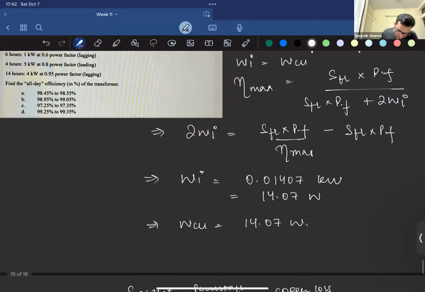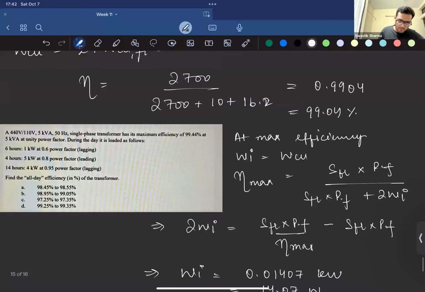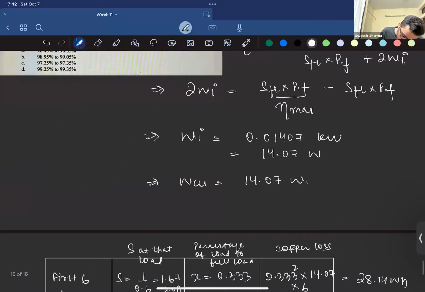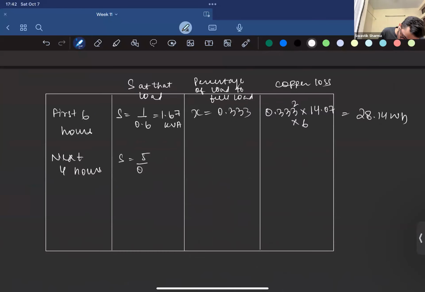So what do we have? We have 5 kilowatt at 0.8 power factor leading. That is 6.25 kVA, and X is 1.25.